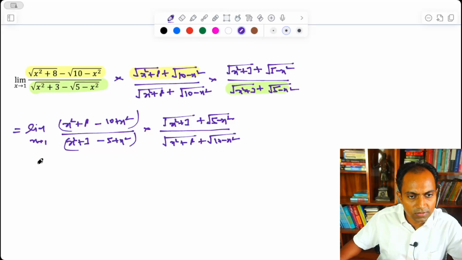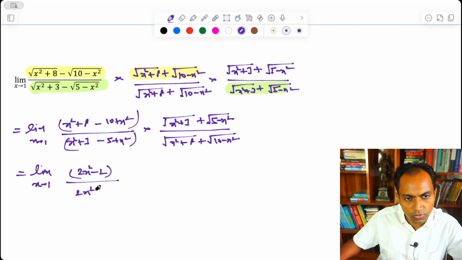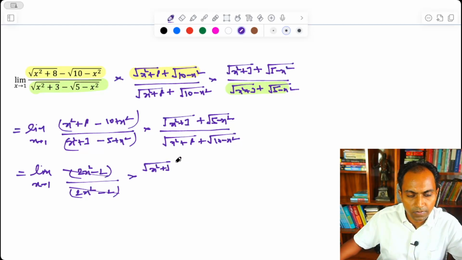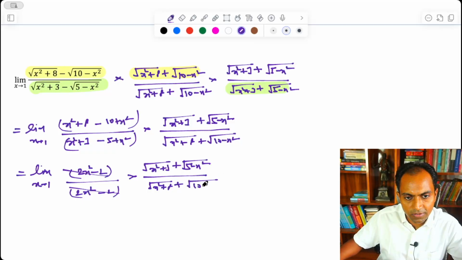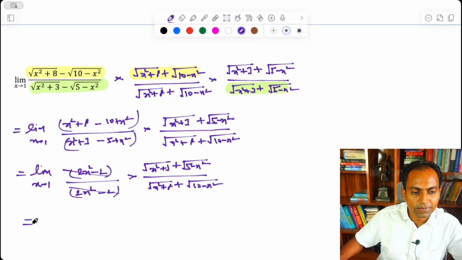Now once you have done this, what happens to the first part? The limit x tends to 1. This becomes 2x square minus 2. This also becomes 2x square minus 2. And these two parts cancel out. What is left is nothing but the second part, root of x square plus 3 plus root of 5 minus x square divided by root of x square plus 8 plus root of 10 minus x square. Substitute the value, get the answer.